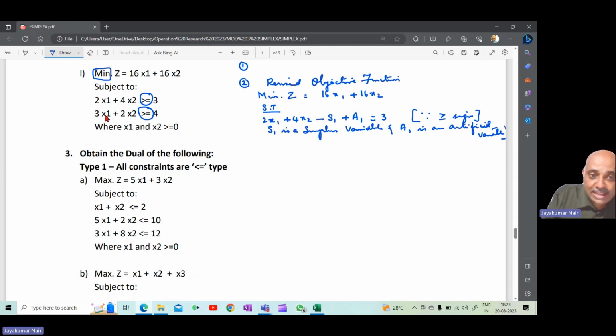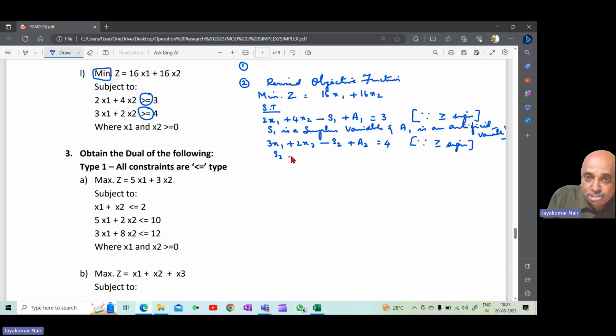Now, the second constraint, again, is greater than or equal to. So 3x1 plus 2x2 minus s2 plus a2 is equal to 4. Again, here I'm using a surplus variable because of the greater than or equal to sign, followed by an artificial variable.